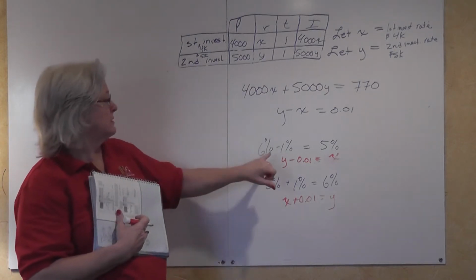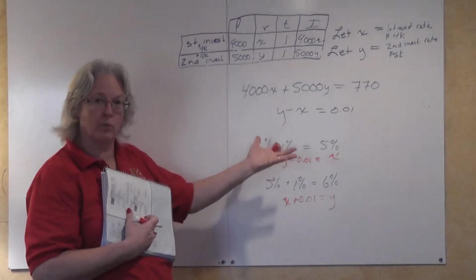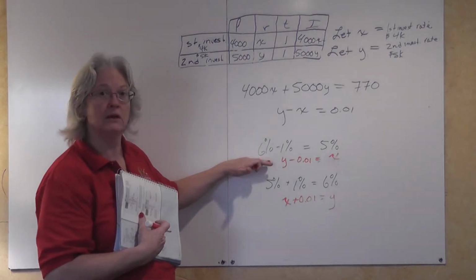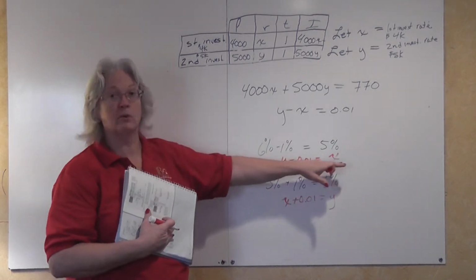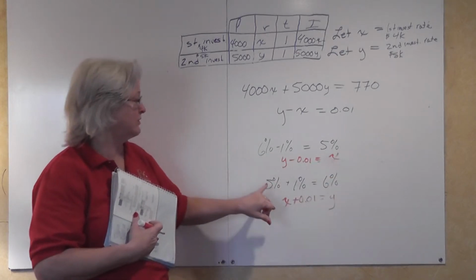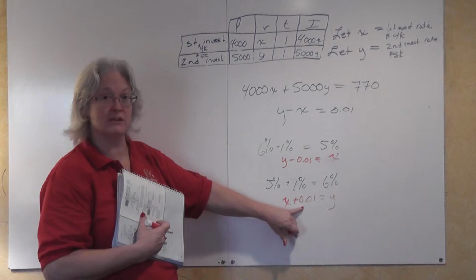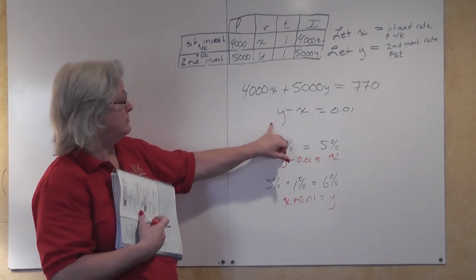Here I have x plus 0.01 is equal to y. Now, of these two equations, two different ways of looking at it, what I've done is I've taken the second interest rate, which was higher, reduced that to equal the first rate. Here I took the first interest rate, which is lower, increased it so that it equals the second interest rate. What did they do here?